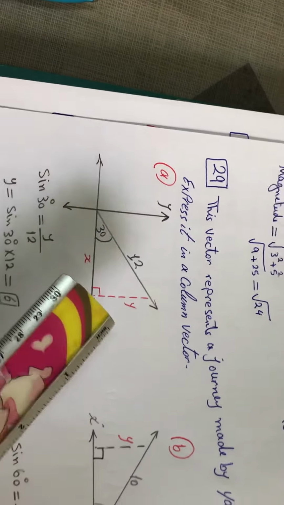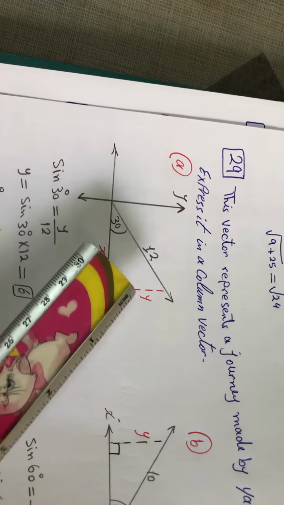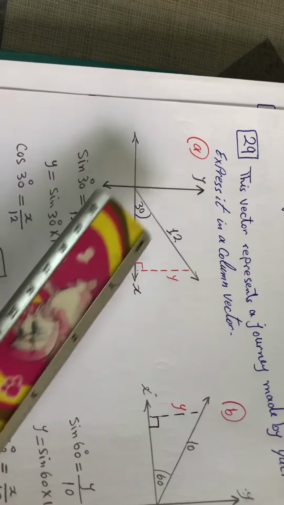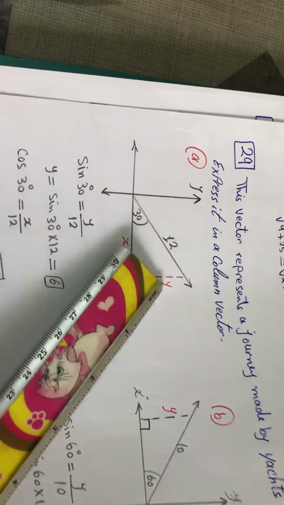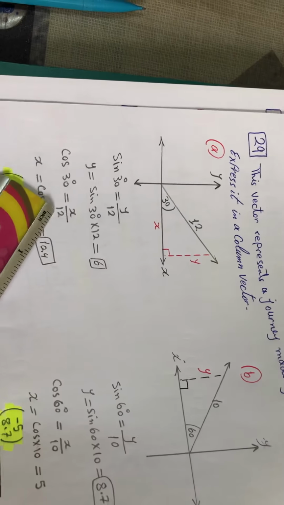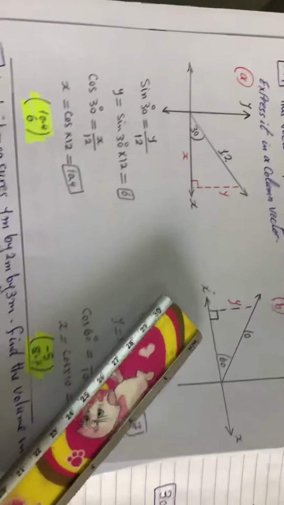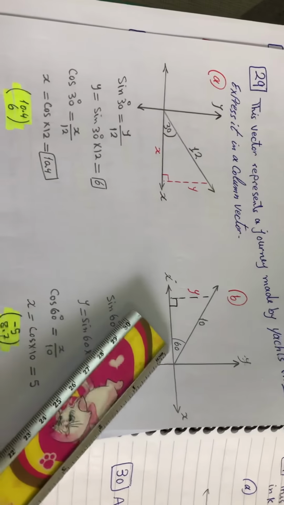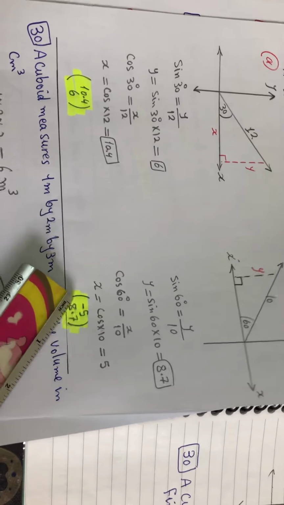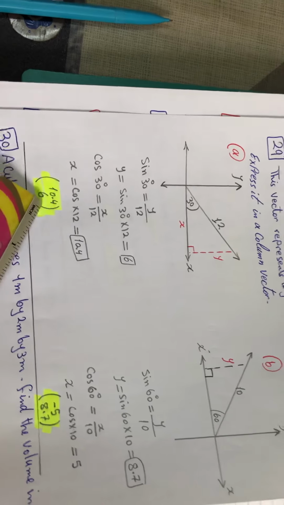So I have to find the value of x and the value of y. y comes from sine 30 and x comes from cosine 30, by this way. And x is positive to the right, y is positive up. But here I have x negative and y positive, so I have to write x negative and y positive. Here both x and y are positive.